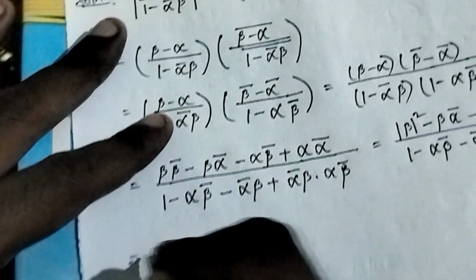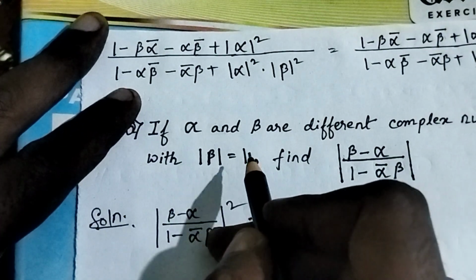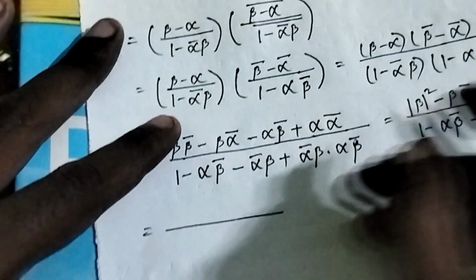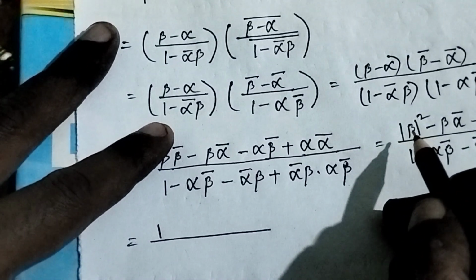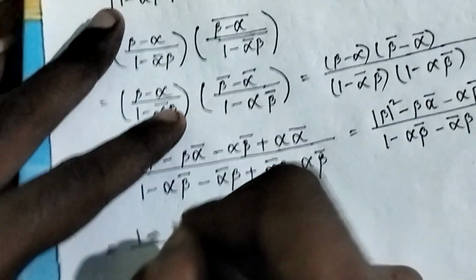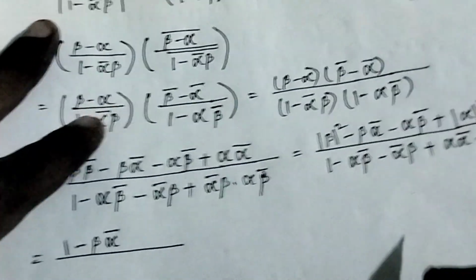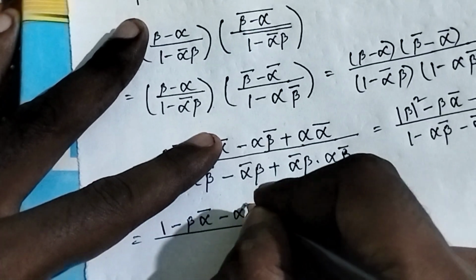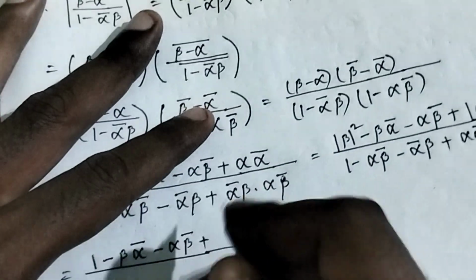Mod of beta is equal to 1. In the question only it has been given, so mod of beta square will be 1, 1 square is 1. So it is 1 minus beta alpha conjugate minus alpha beta conjugate plus mod of alpha square.